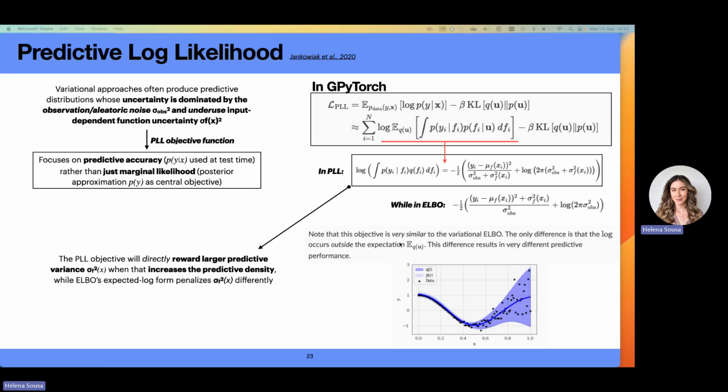So in practice, the difference with the predictive log likelihood is that this log is outside the expectation, but this actually results in quite different uncertainties when we apply it to our GP.